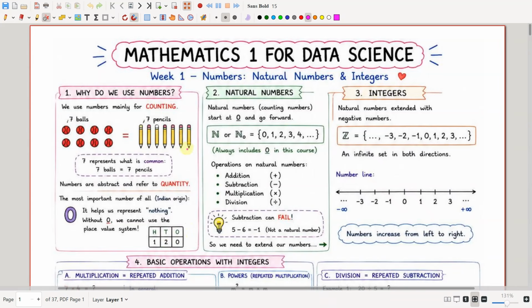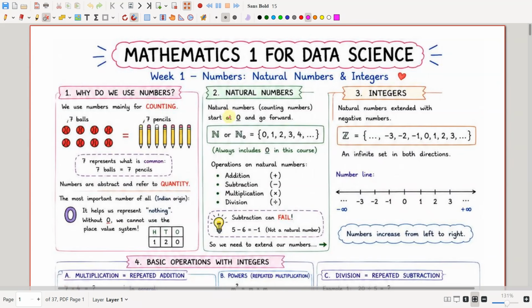So see the second one, natural numbers. According to the generic system followed all over the world, the natural numbers begin at 1, 2, 3 and go to plus infinity. But according to the IIT course, our natural numbers start at 0: 0, 1, 2, 3 up to infinity.